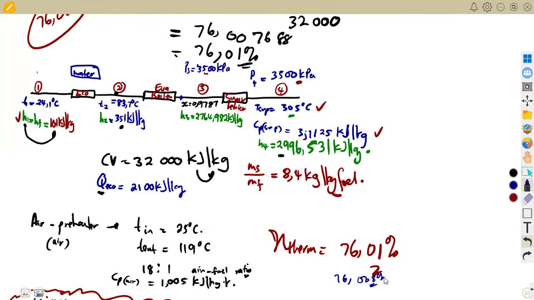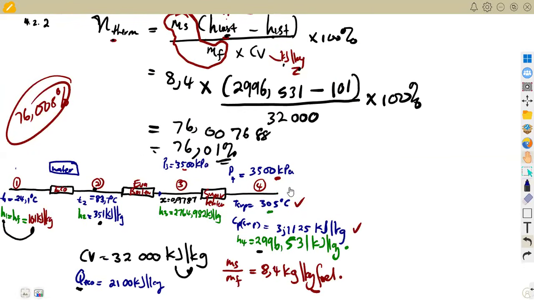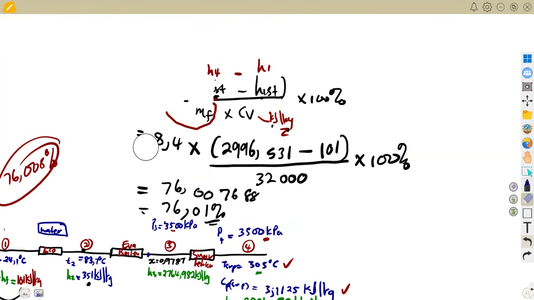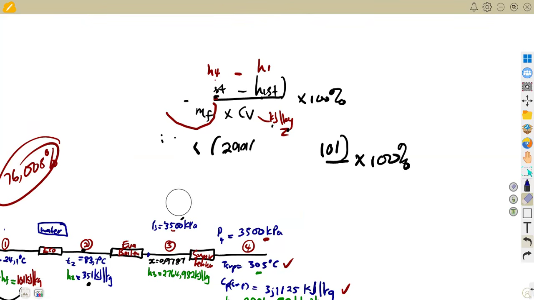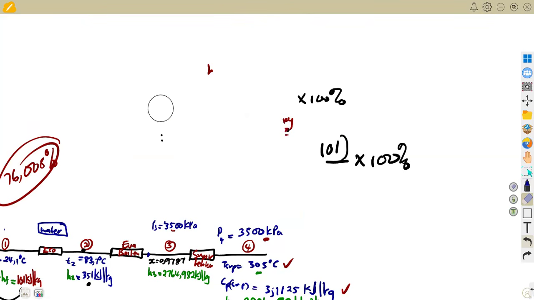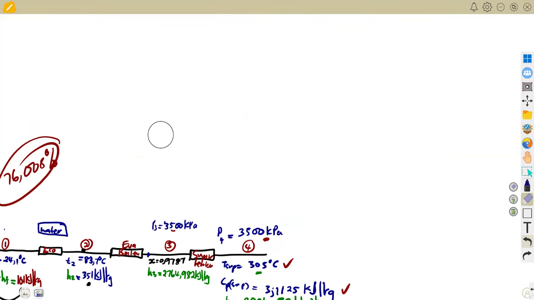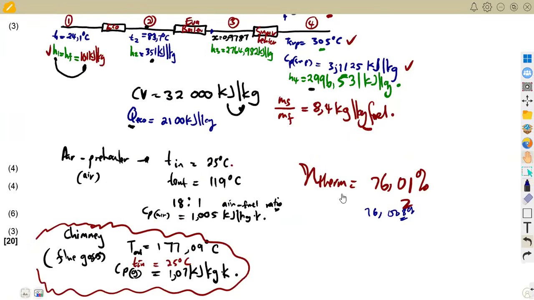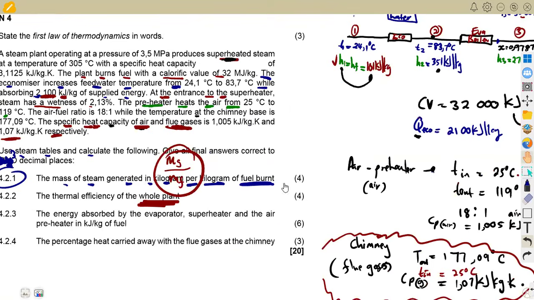I'm going to use it like that, because it will affect my calculations, guys. It will affect the whole of my preparation. As for you guys, you just have to round off to 2 decimal places as per instruction, so that you do not miss the instruction that you're given there. All right, so that was it there. We have got our thermal efficiency, 4 marks.